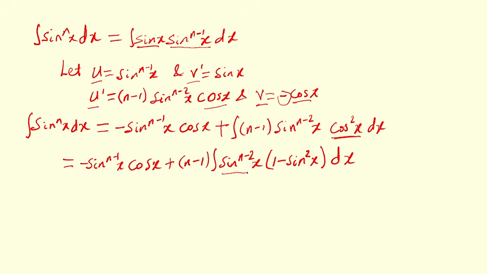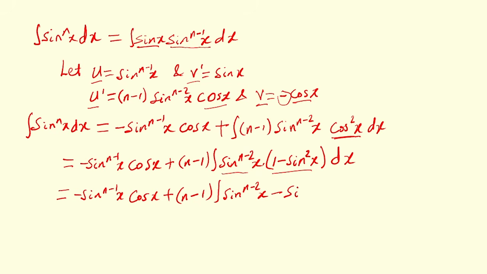Then distribute, multiplication distributes over addition: minus sine raised to n minus 1 x cos x plus n minus 1 times the integral of sine raised to n minus 2 x times 1 minus sine square x, that gives sine raised to n minus 2 plus 2, that is sine raised to n x dx.